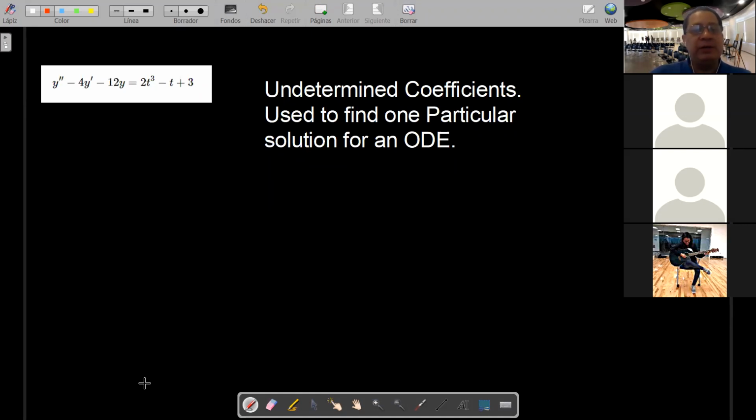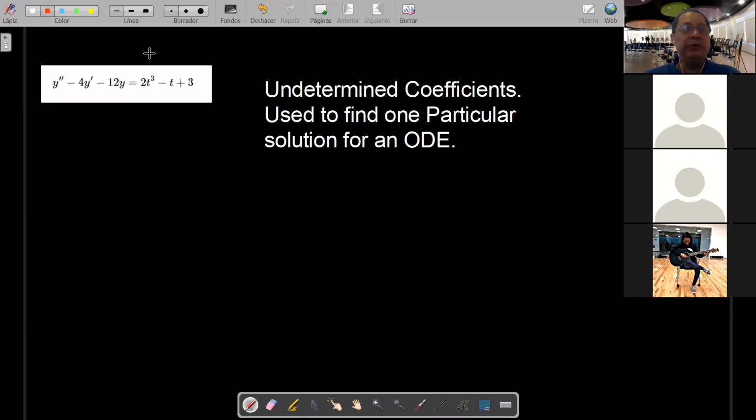This time, the forcing function is a polynomial. In this case, we can see it's a third order polynomial. So our guess for the particular solution will have the form of a polynomial. Why?